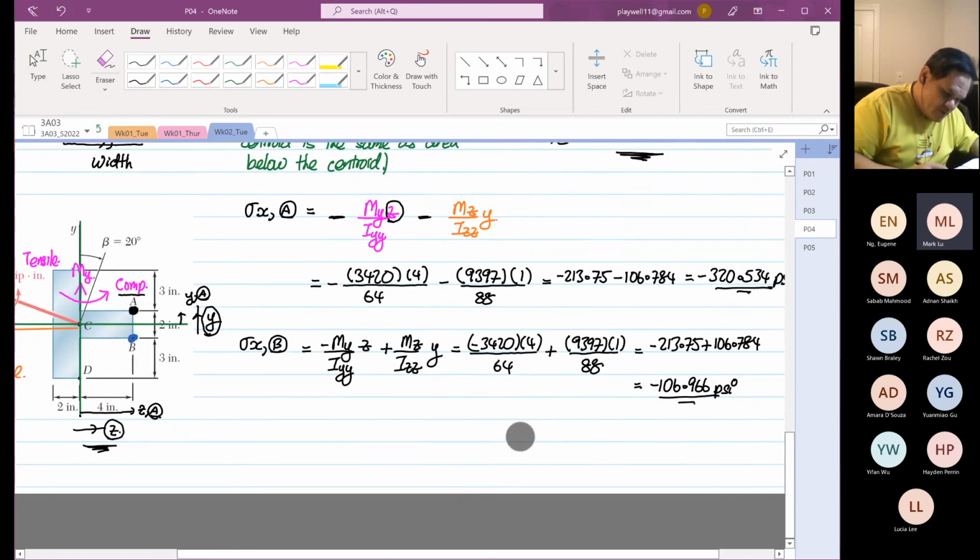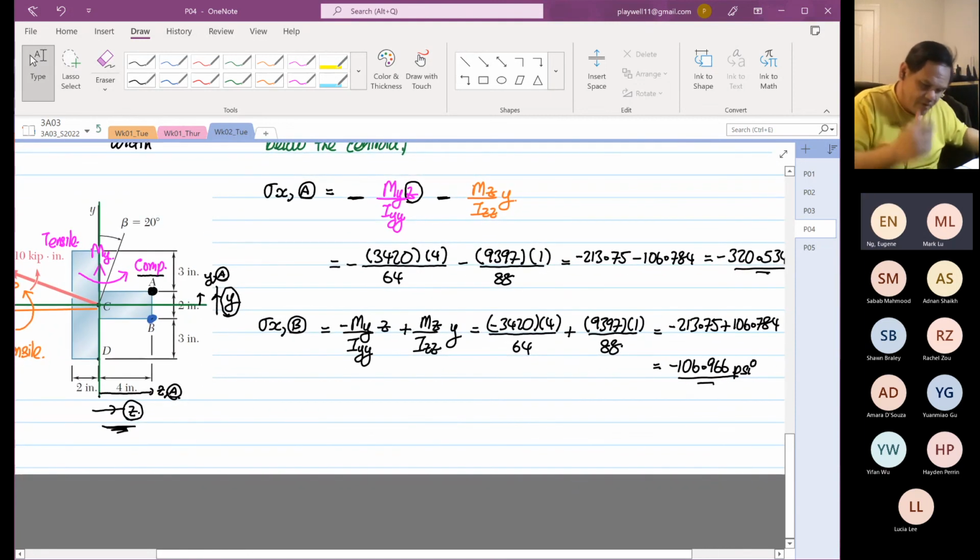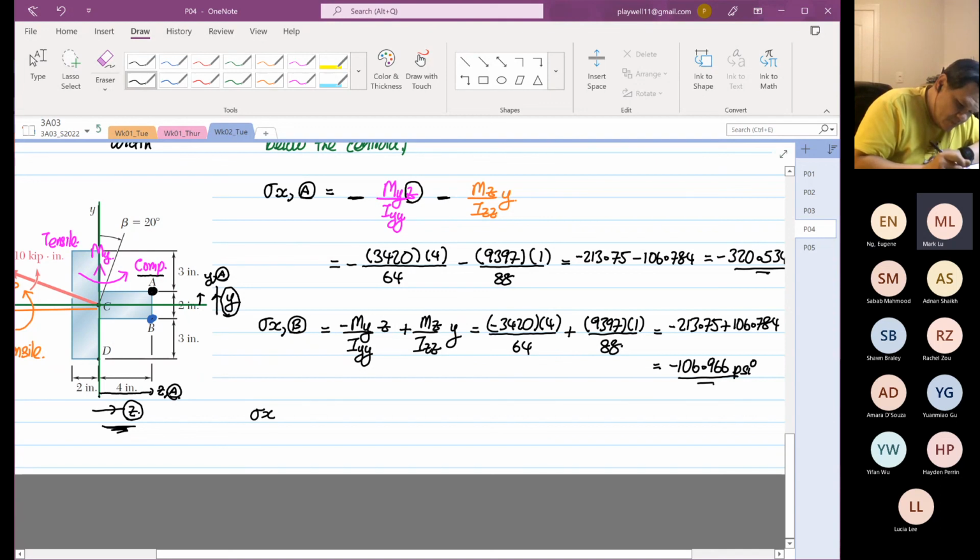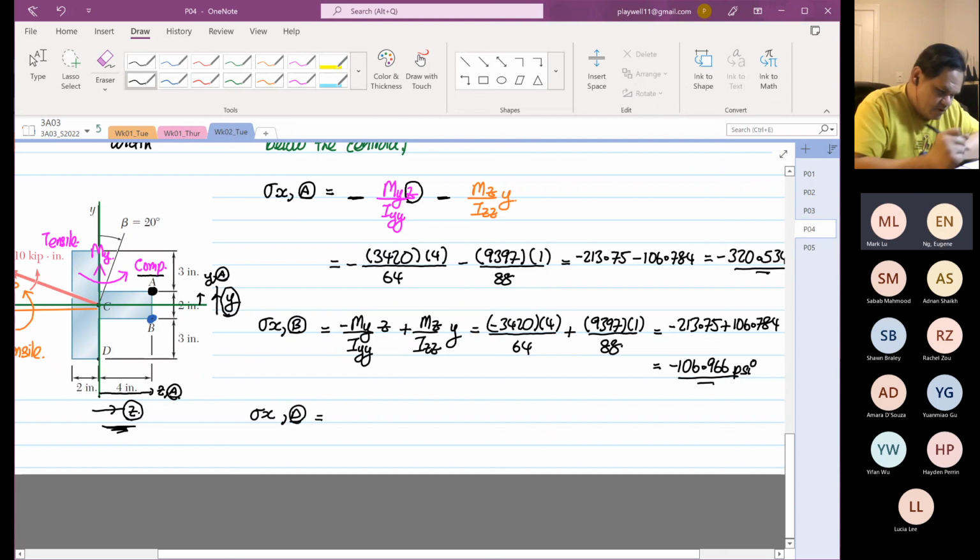Okay. So lastly, we want to find stress x at point D. You look at point D, right? The first one is My over Iyy. We don't know My yet, so we just put My over Iyy.